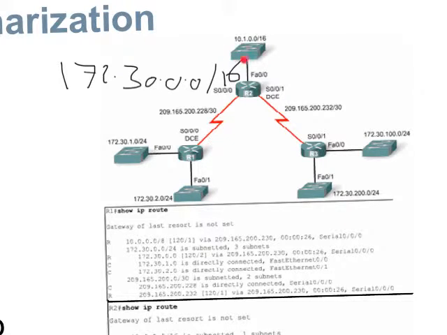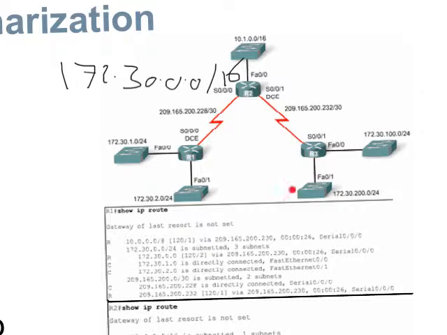So if I have a packet sent from here through R2 with a destination address of 172.30.100.0, will it always go here? No, load balancing will send it here or here. It doesn't matter for load balancing. One time it will send it here, one time it will send it there, which is not correct, right?